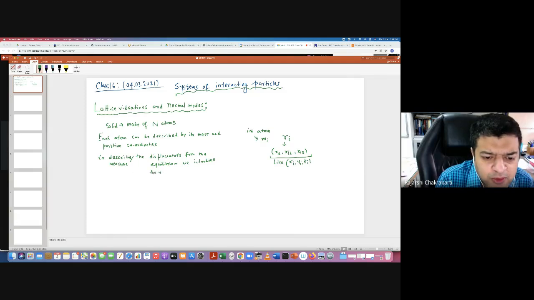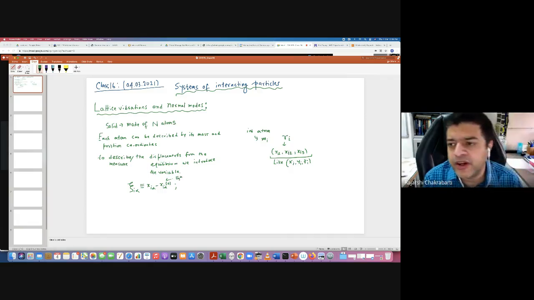The variable I'm calling xi alpha. And you can tell me what is this? This is nothing but x i alpha minus x i alpha 0. You understand, no? This is equilibrium.